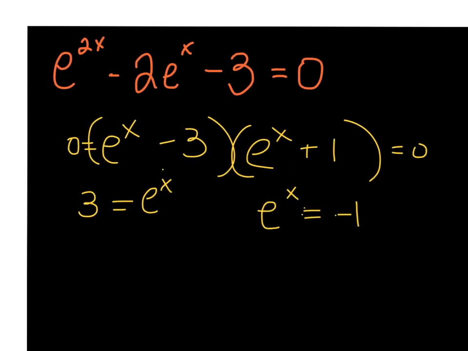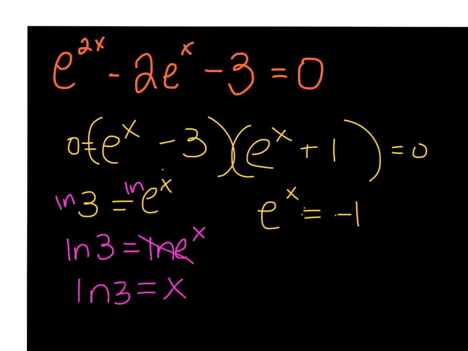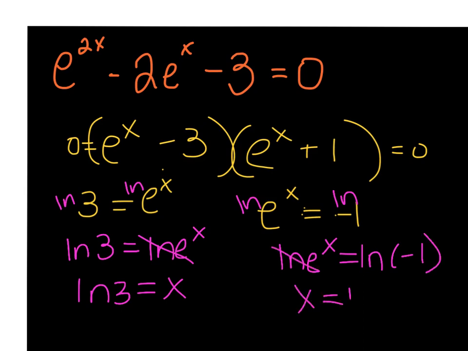And then to solve an e to the x, I'm going to ln both sides of the equation. This side becomes x equals ln of 3. ln here, ln e to the x equals ln -1, and I'd get x equals ln -1.